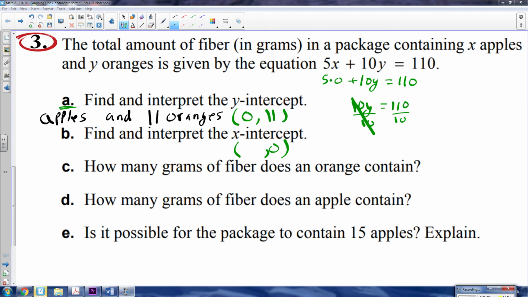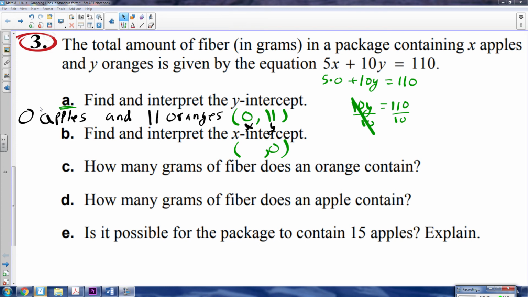So you have 11 oranges and you have how many apples? You actually have 0 apples because this is apples and this is oranges. You have 0 apples and 11 oranges, right? So that's okay. So now I want you to pause the video and try part B.